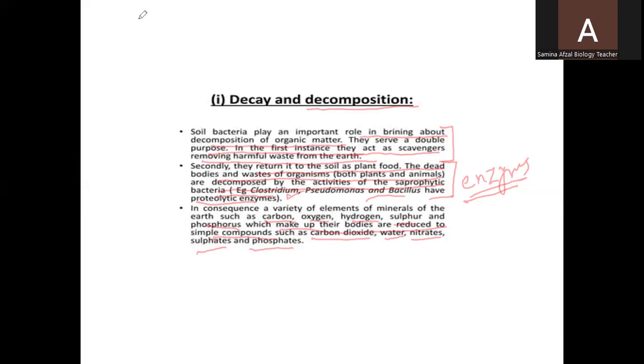They have enzymes which they secrete on the dead and decaying animals, and these enzymes help to break down the organic material, and then those nutrients which are present in those dead and decaying bodies are released into the soil.